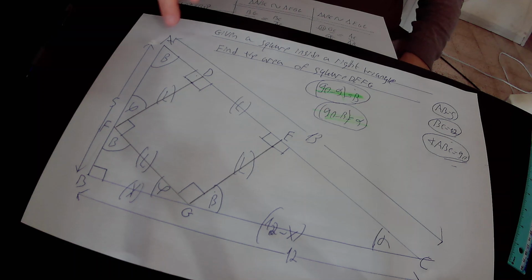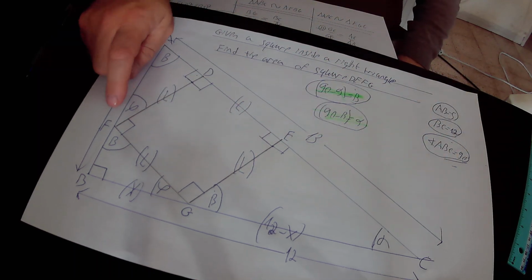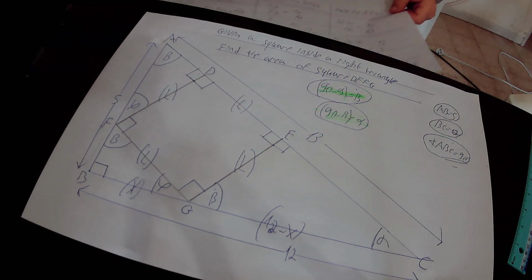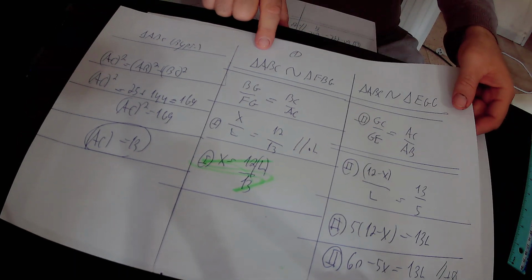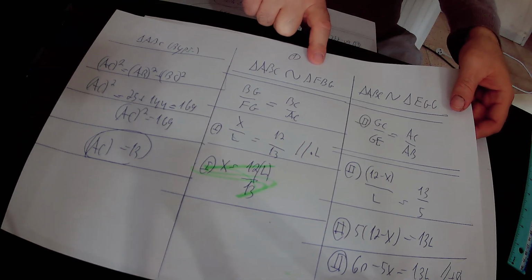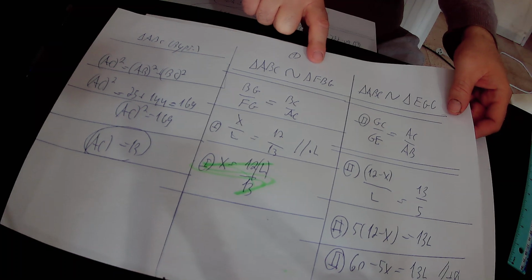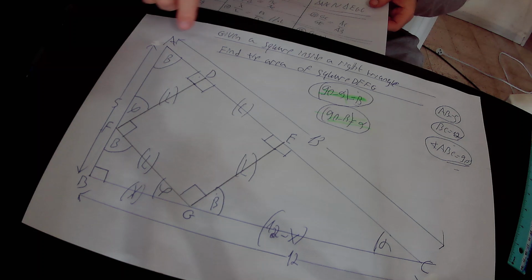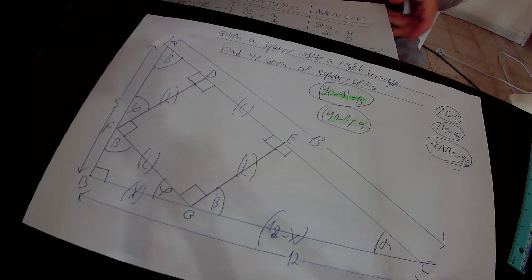For example, the big right triangle ABC is similar to this small right triangle, triangle FBG, according to the angle similarity rule. And from the fact that the big right triangle ABC is similar to the small right triangle FBG, we derive that the following relationship exists between their sides.